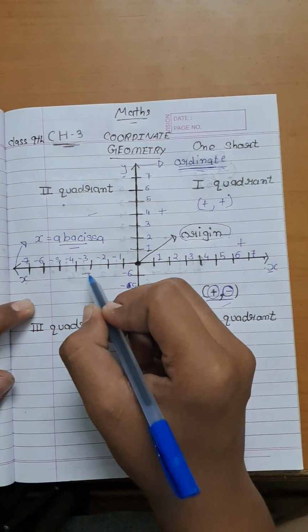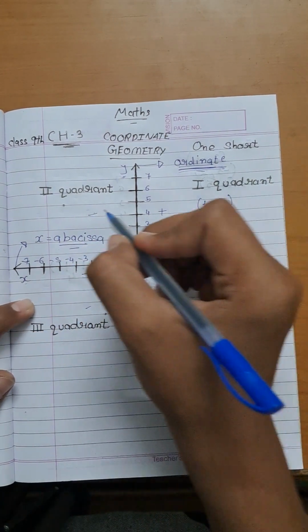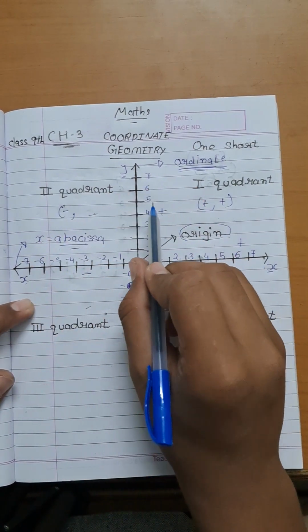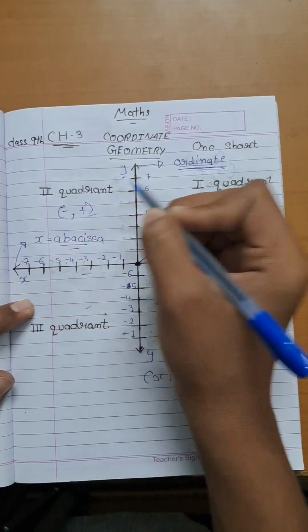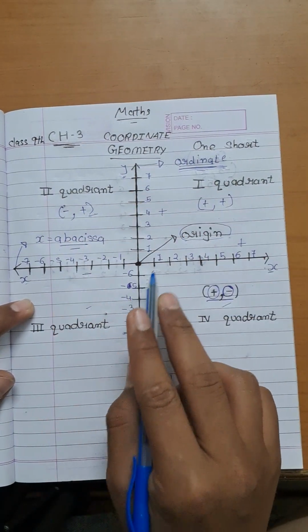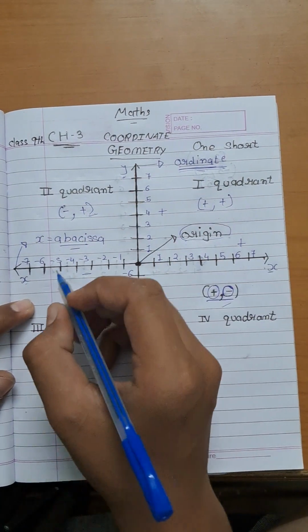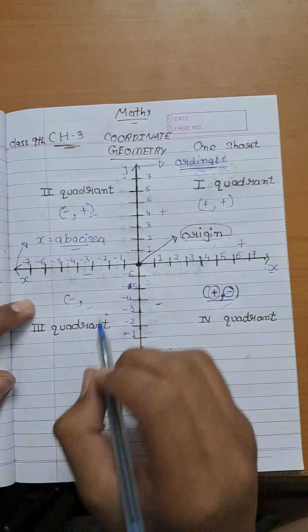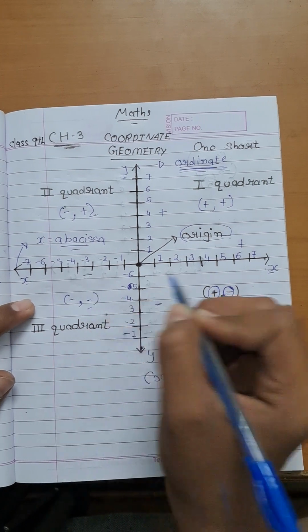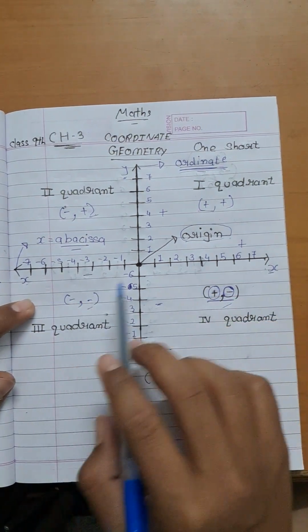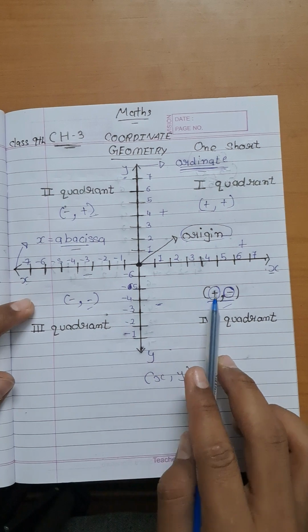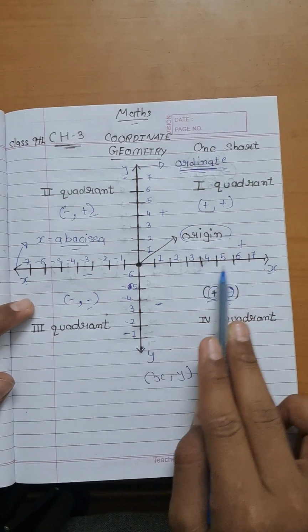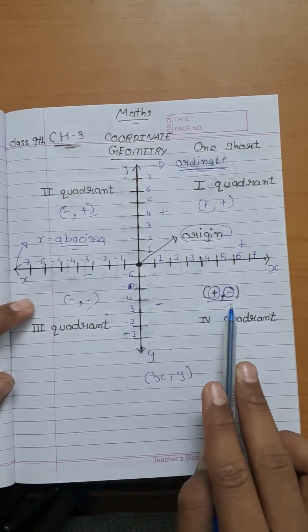Then in the second quadrant x is negative and y is positive. Now in the third quadrant x is negative and y is also negative, so both are negative. And in the fourth quadrant x is positive and y is negative.